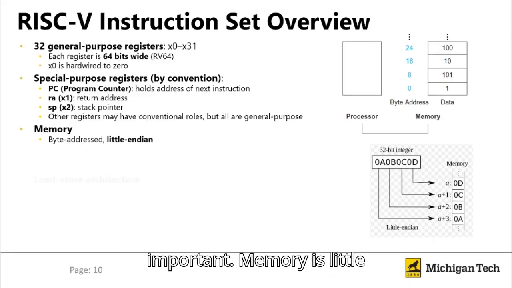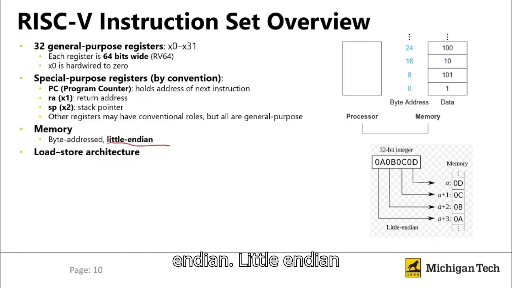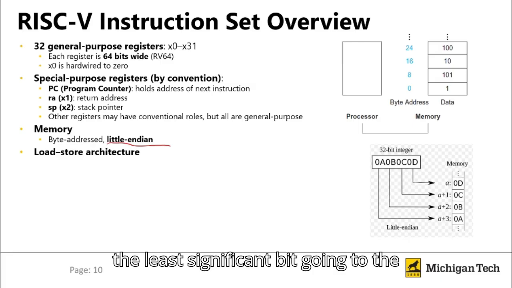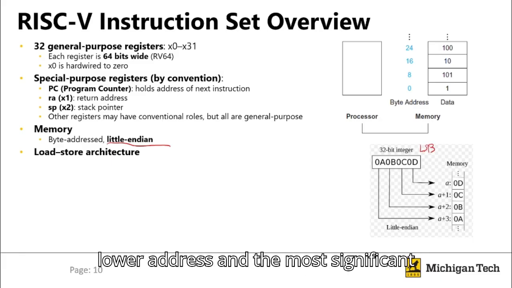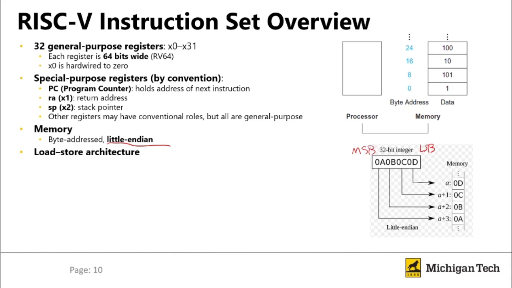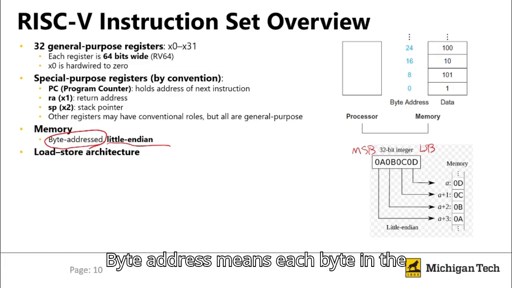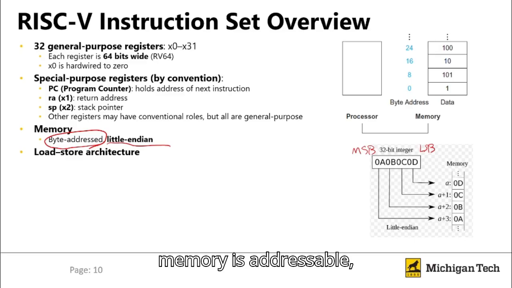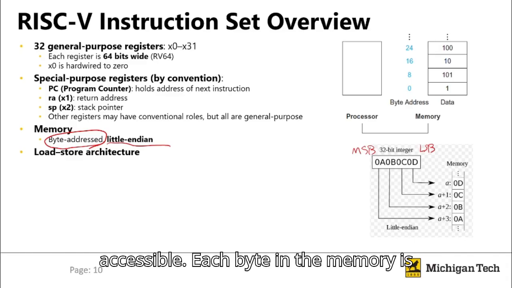Memory is very important. Memory is little endian. In little endian, if you want to put something inside, the least significant bit goes to the lower address and the most significant bit goes to the highest address. You can see that in the picture. That's called little endian. And memory is byte addressed. Byte addressed means each byte in the memory is addressable, accessible.